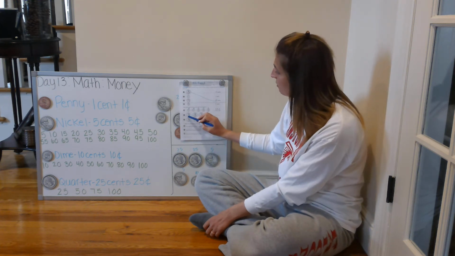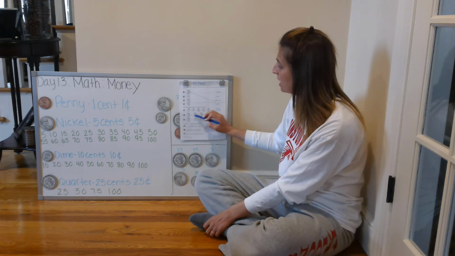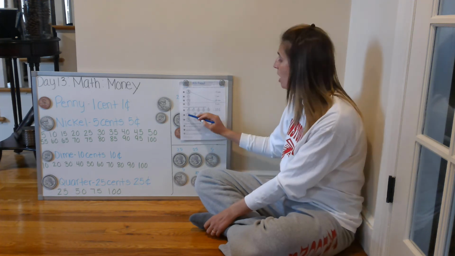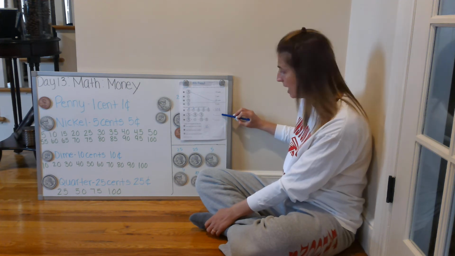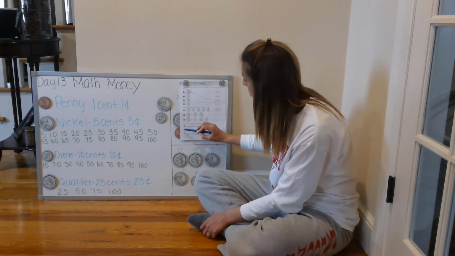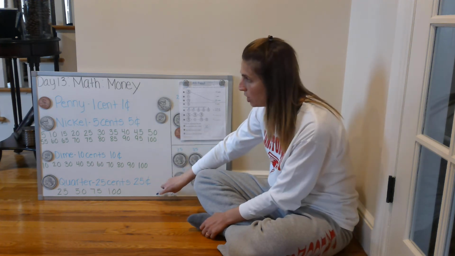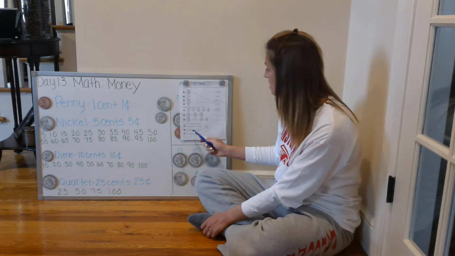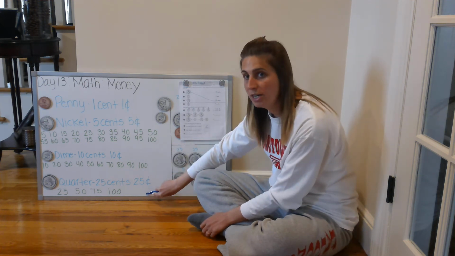First, by identifying the coin, writing its amount up top, and then using a calculator, if you have one available, calculating it and writing the total amount on the right-hand side. And then for problems 9 and 10, you're going to use the number line on the board by pausing the video here and seeing how many dimes are in a dollar and how many quarters are in a dollar.